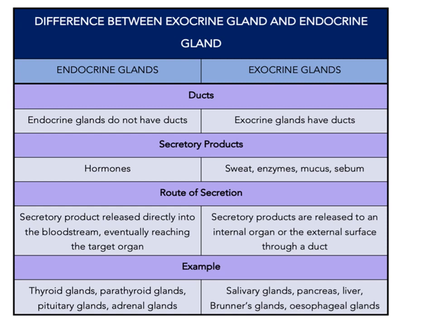Then the second point, what about its secretion? About the secretory product. Endocrine glands secrete hormones. And exocrine glands secrete sweat, enzymes, mucus, sebum, even milk. So these are all the things secreted by the exocrine glands.